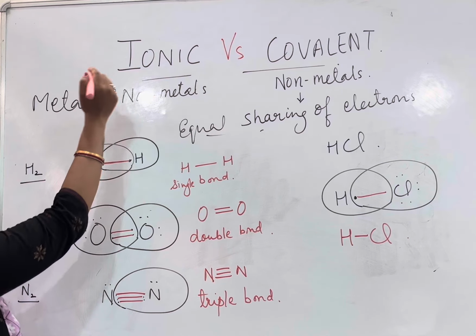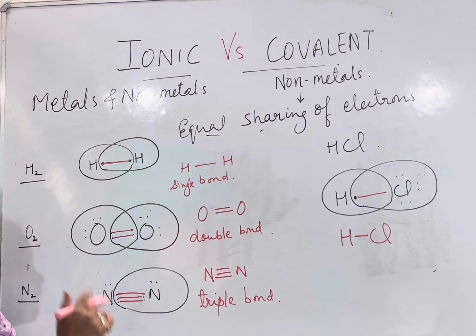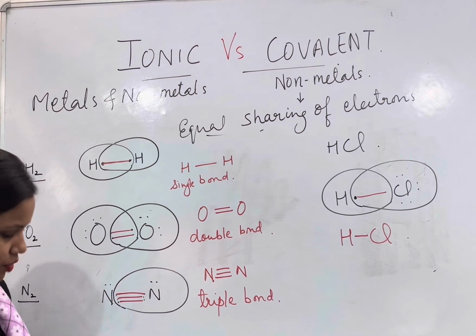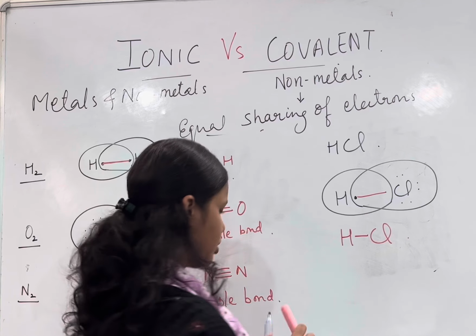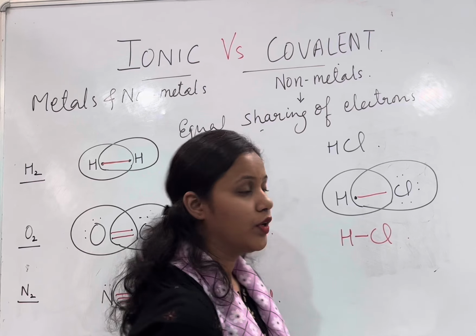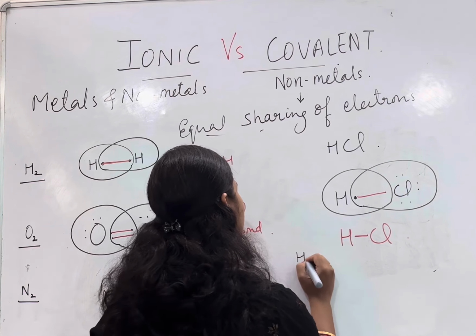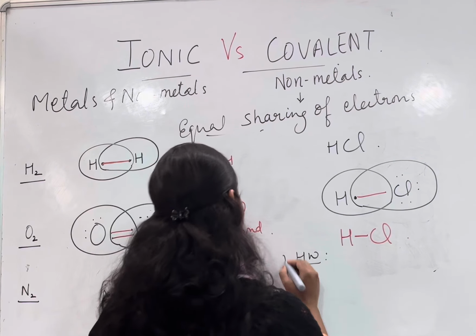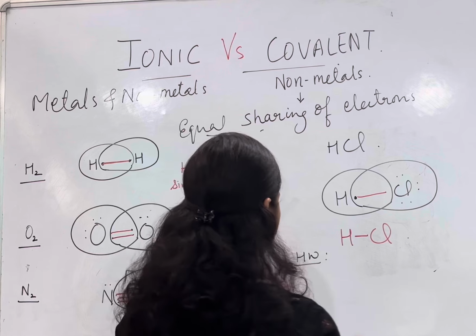Ionic bond is formed between metal and non-metal. Covalent bond is formed between 2 non-metals. It can be same, can be different. This is the example. Okay, so your homework is to identify between ionic bond and a covalent bond, and you can share your answer in the chat box, in the comment box.